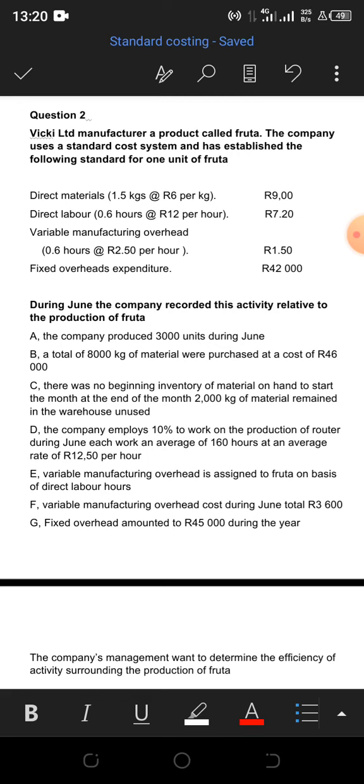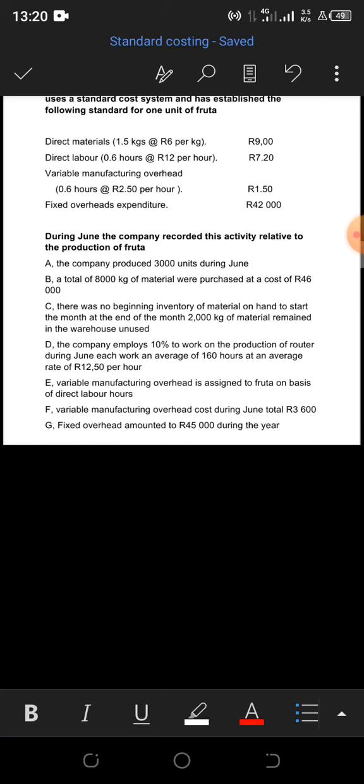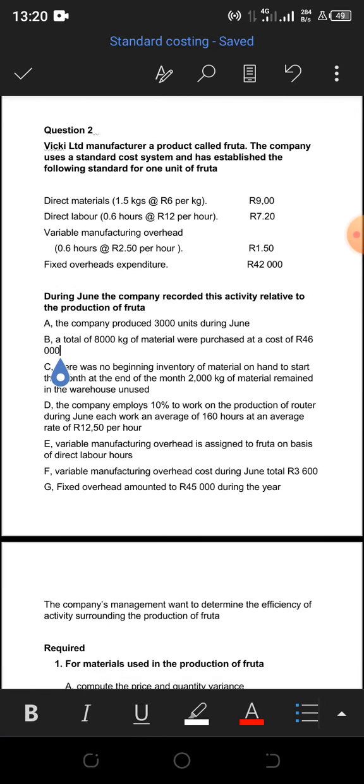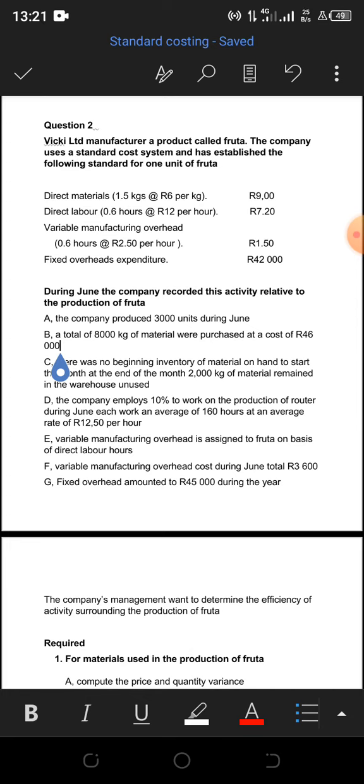Which means we firstly have to convert our production of 3,000. We say 3,000 multiplied by 0.6, and we get 1,800. Then, remember, the direct labor is only 10% of all employees of the company. Then we get the amount of 180.